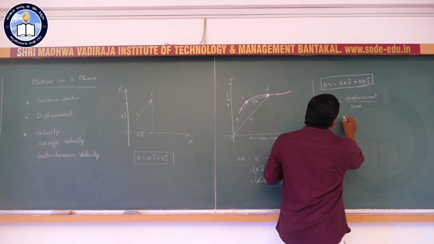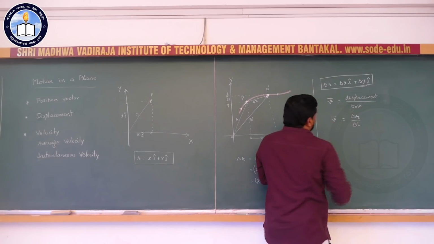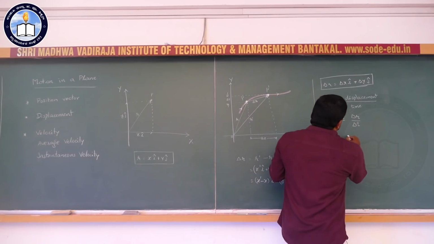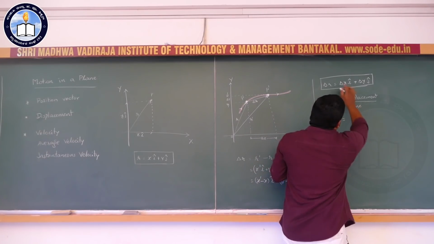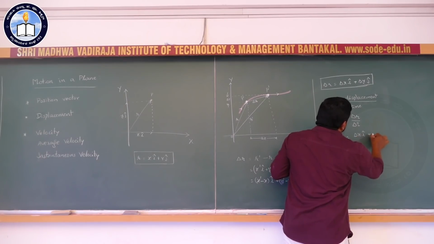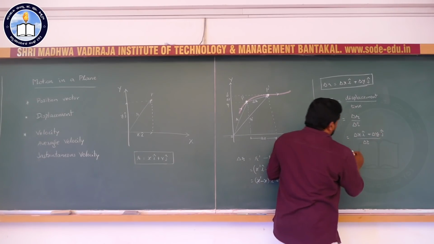Here average velocity will be equal to delta r divided by delta t, where delta r is delta x i cap plus delta y j cap, divided by delta t.